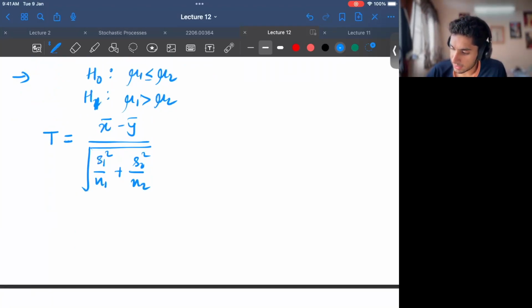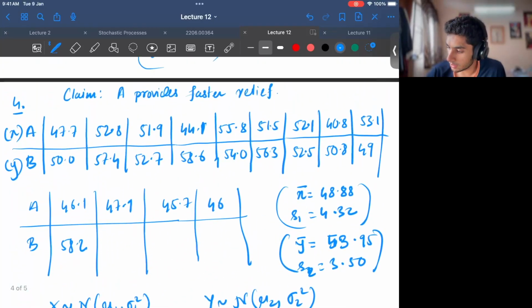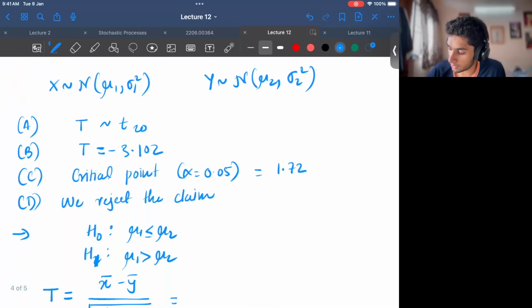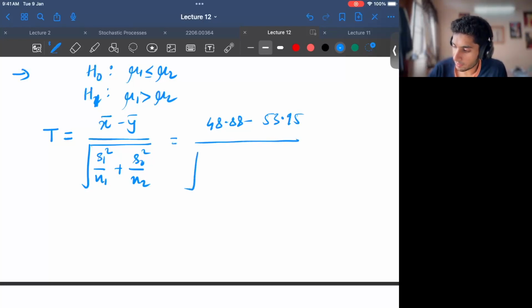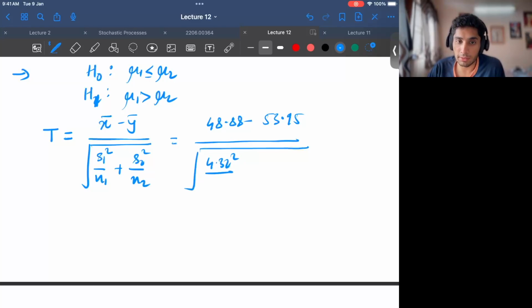So in this case, if you substitute all these things here, what will this become? This will become x bar minus y bar, right? 48.88 minus 53.95, divided by the square root of S1 square, 4.32 square, by N1. What is N1?